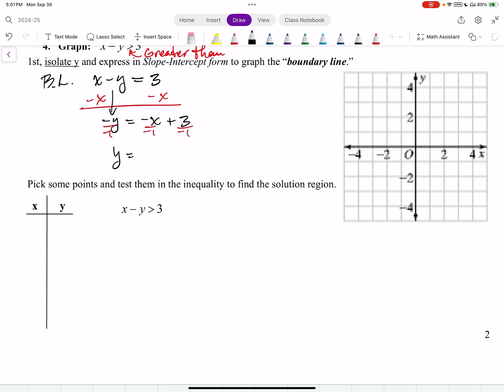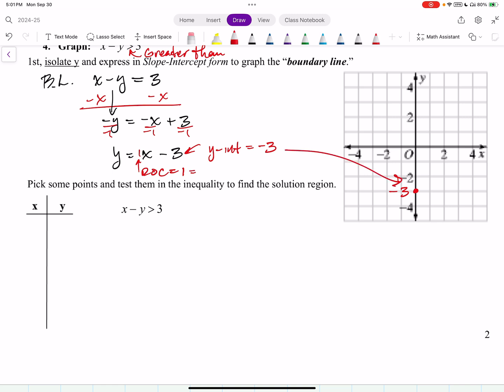And you get y is equal to x minus 3. Okay, so right away we see that the rate of change is 1. We see that the y-intercept is equal to -3, and that's where we graph on the y-axis. Okay, so we start at -3 down here on the y-axis. That's called the y-intercept.